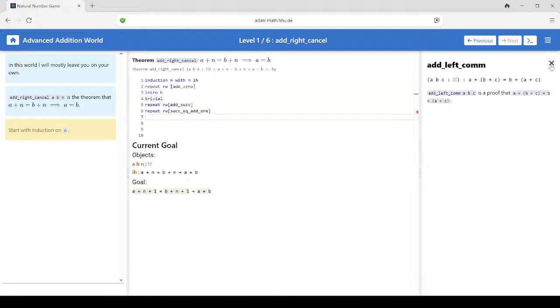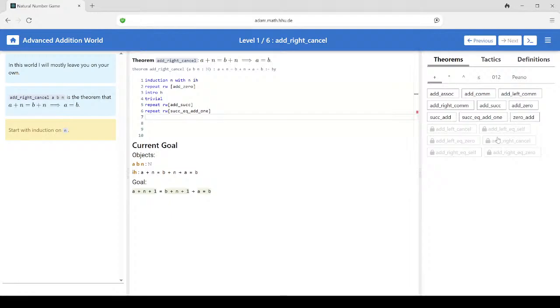Wait. Don't I have a theorem that the successor of a number plus the successor of a number equals those two numbers? I think I have that somewhere.